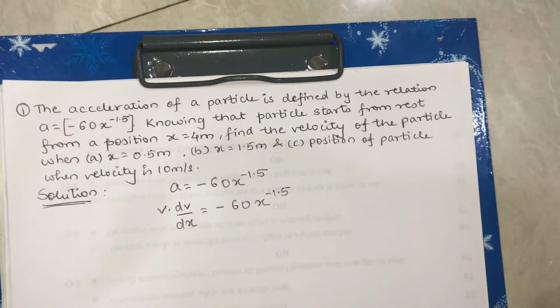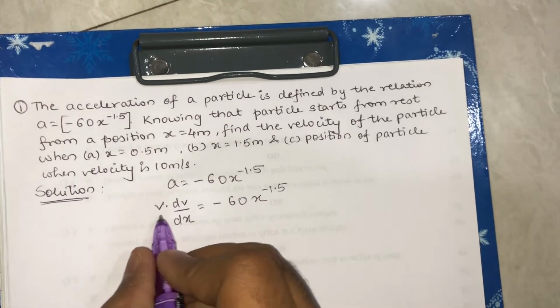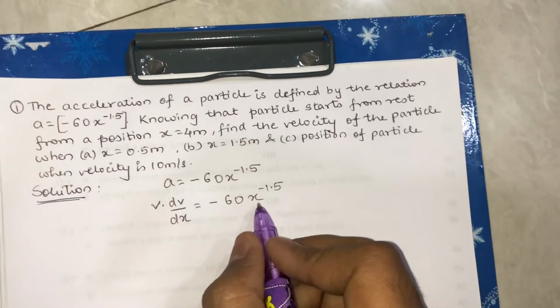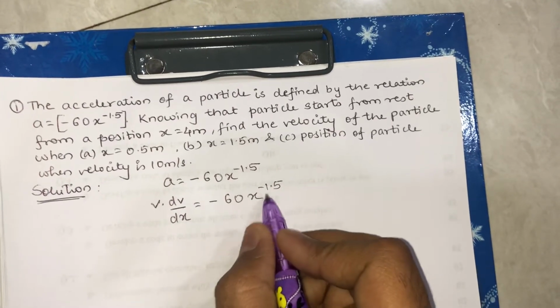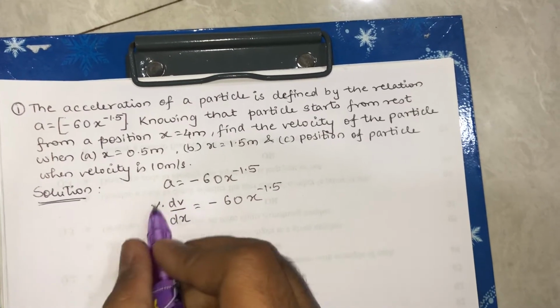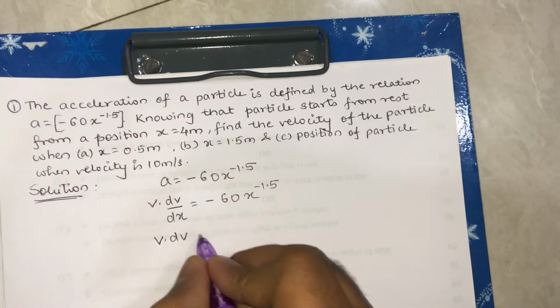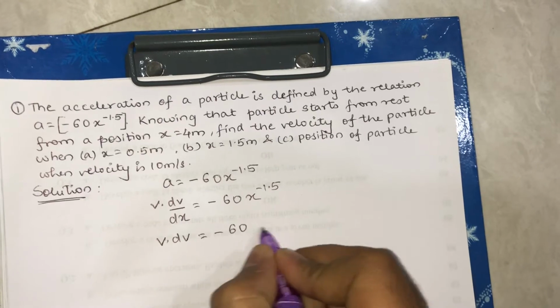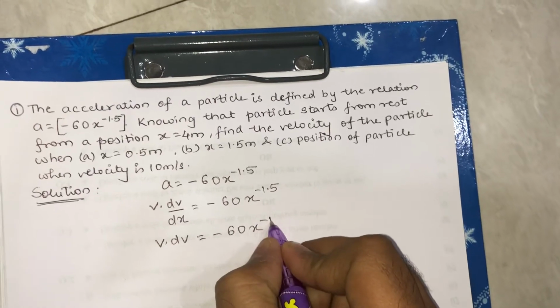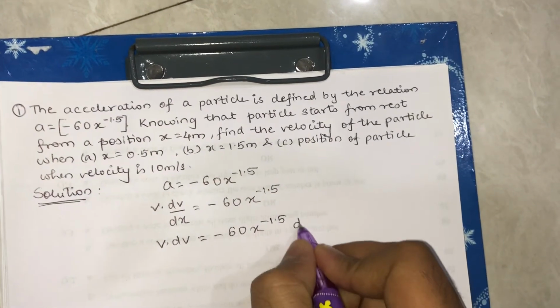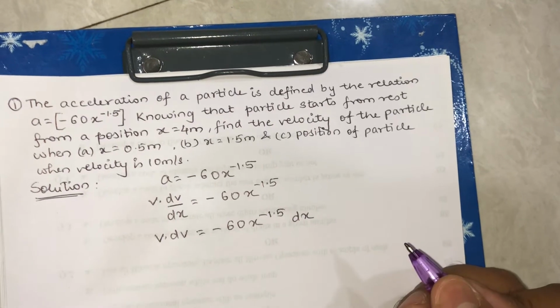Now the question is, why are we doing this in terms of dv by dx? Because here it is x, and that's why this a is taken in terms of x. So v dv equals minus 60 x raised to minus 1.5 dx.